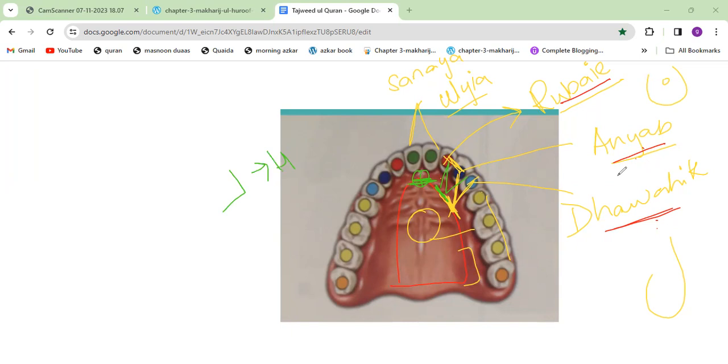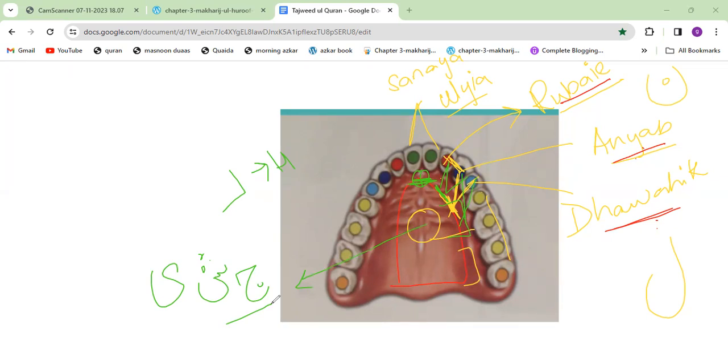Okay, so this one was pronouncing the letter Jim, sheen, and ya without involving any of the teeth. And then the side that was present right next to it, along with the last teeth and the first incisor, it was pronouncing lam. Say it, lam.